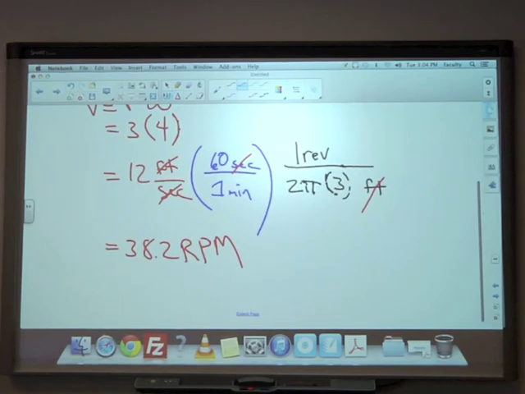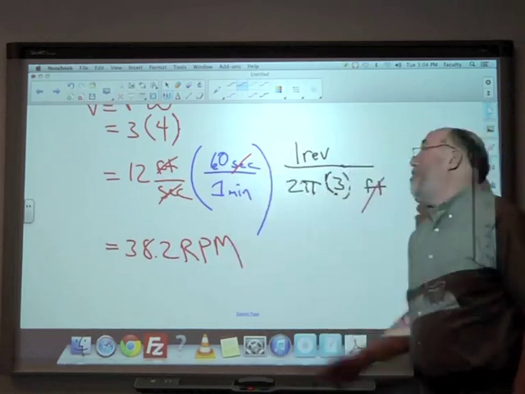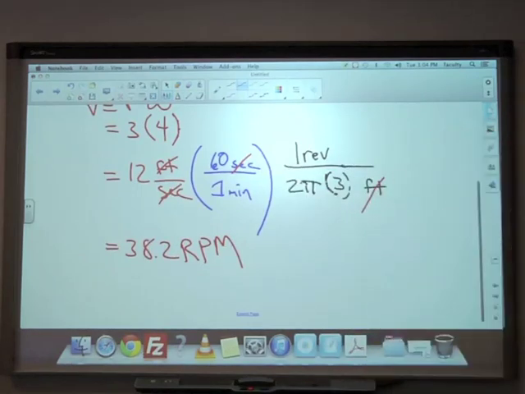So to do that, 1 minute is 60 seconds, and 1 revolution is given by 2 pi r. That gives me my conversion from 1 unit to the other.